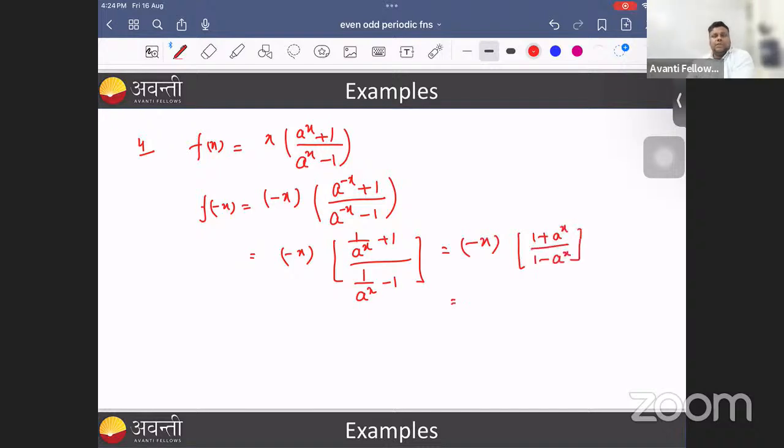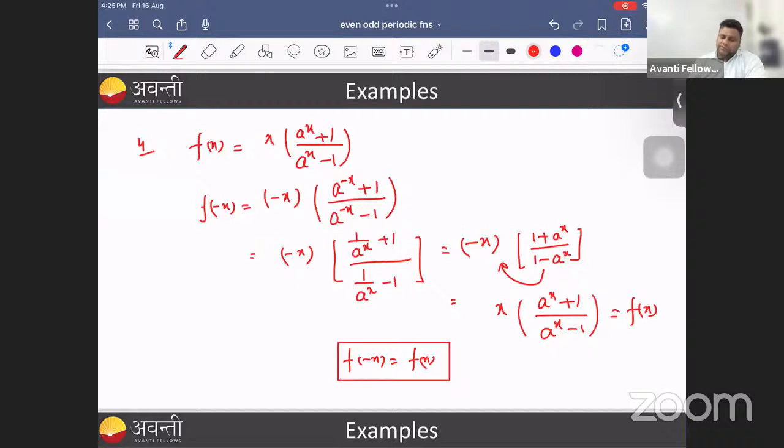Yes or no? Take minus common from this bracket also. So it will become a to the power x plus 1 upon a to the power x minus 1, which is again f of x. So your f of minus x came f of x. So the function is what? Even function. Got it? Mr. Suraj and Mr. Bhagat, think again.